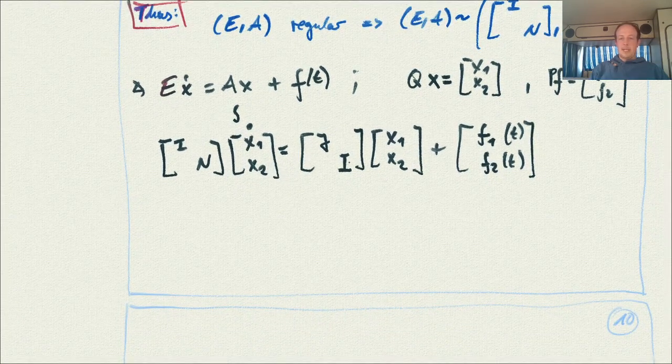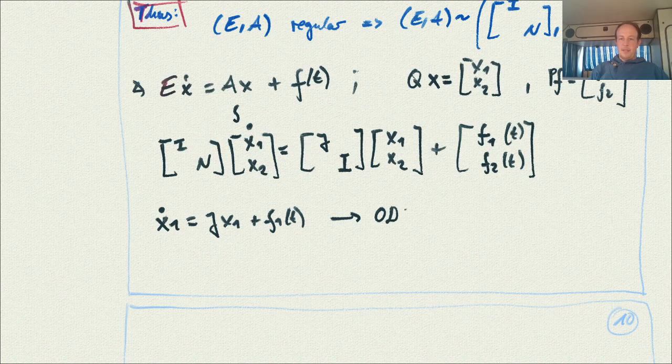And if we have a look at that, we see this is nicely decoupled into one equation that reads x1 dot equals J x1 plus f1 of t, and this obviously is an ODE, which already is in Jordan canonical form, so there's already an easy solution formula for that. That's actually very easy here.